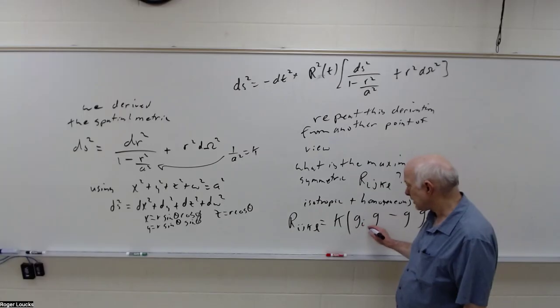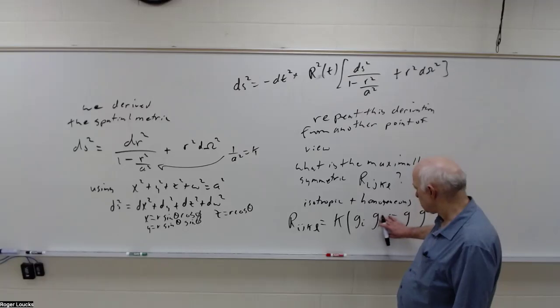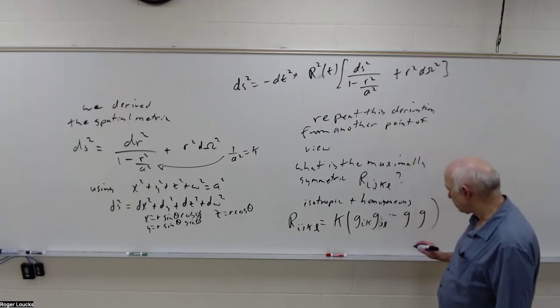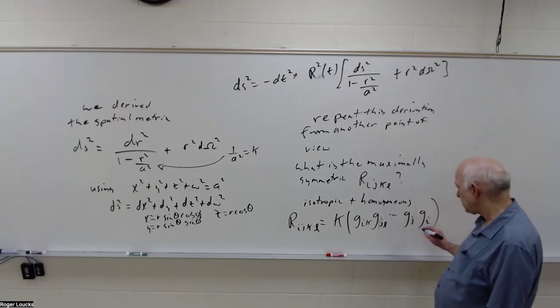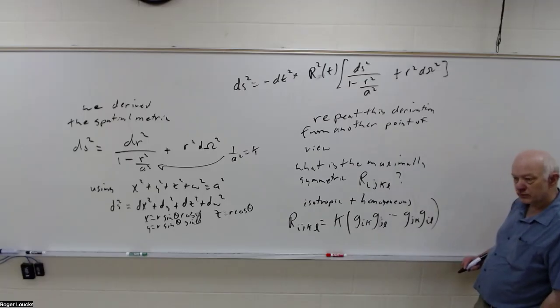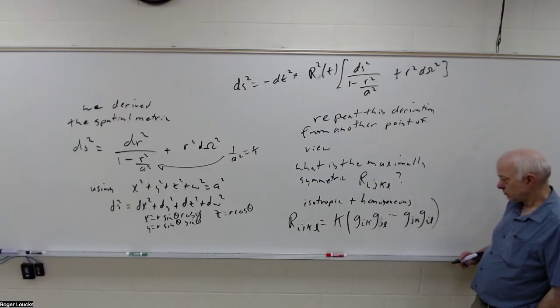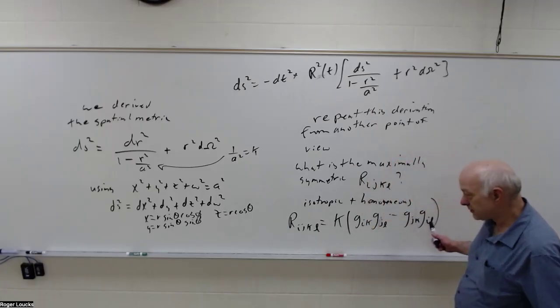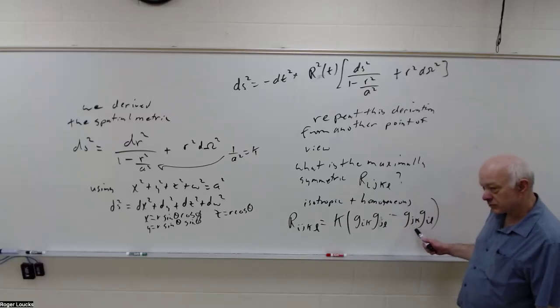I think this was I, this is K, and this is J, then K, and then L. And then this would have to be J, then I, and this would be J, K and L. I just have the g's swapped.